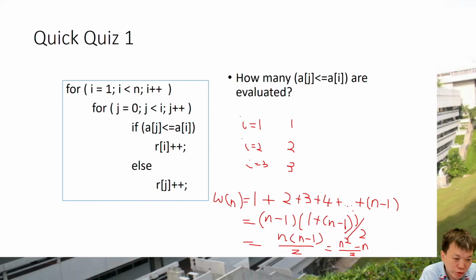You need to know how to calculate geometric series, arithmetic series, and all kinds of combinations. It's quite easy for me to change my increment or my condition, 2 for loops, 3 for loops, and that will affect the series. Every time will be very different. But generally speaking, if you run 2 for loops, normally it should be a quadratic function.